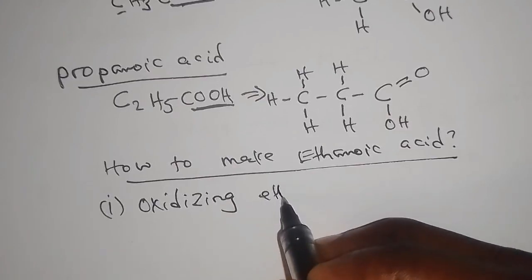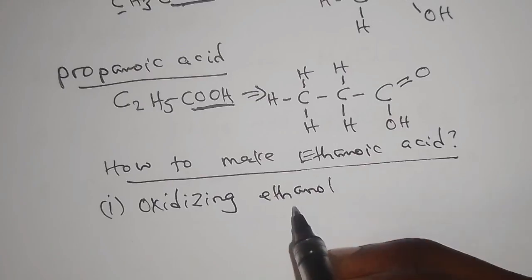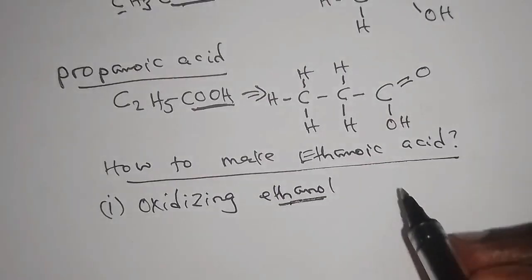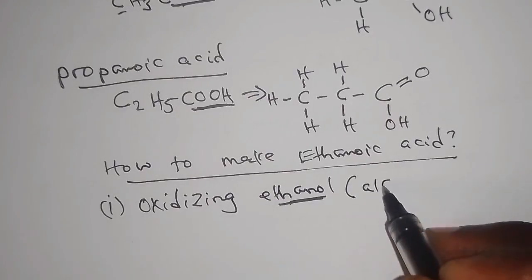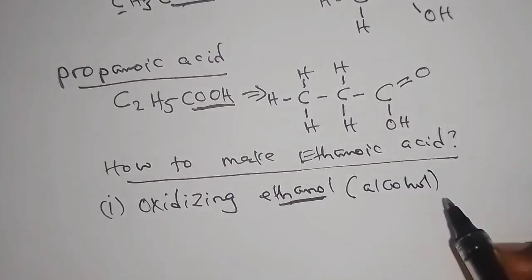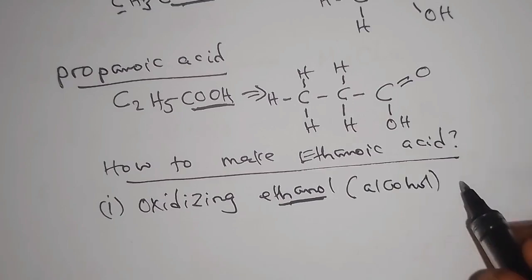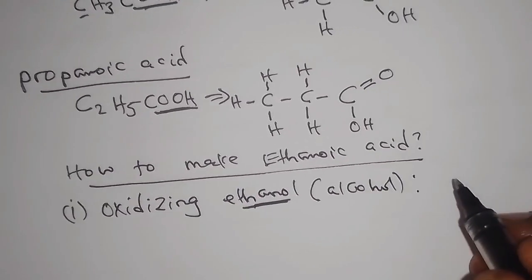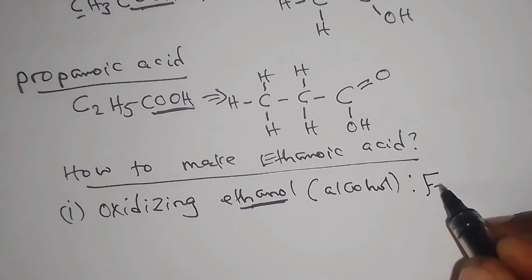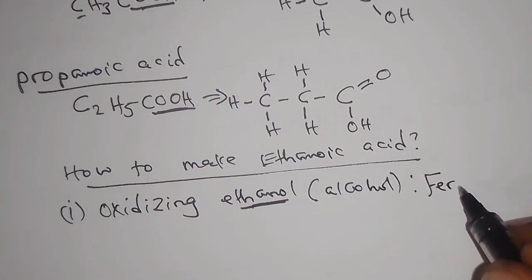Oxidizing what? Ethanol. This ethanol is an alcohol. You have to go and revise the video that I did on alcohols so that you can understand that. This is normally referred to as acid fermentation.